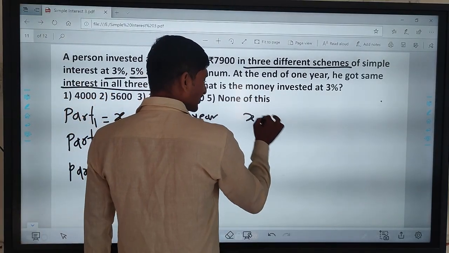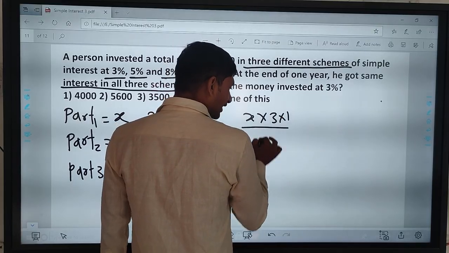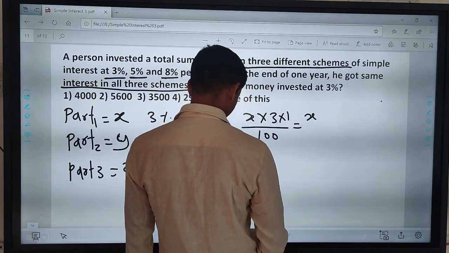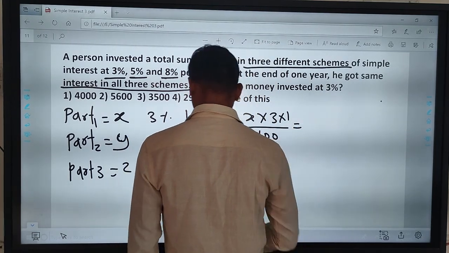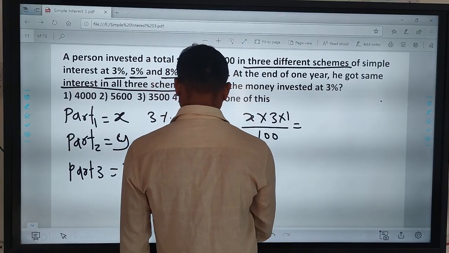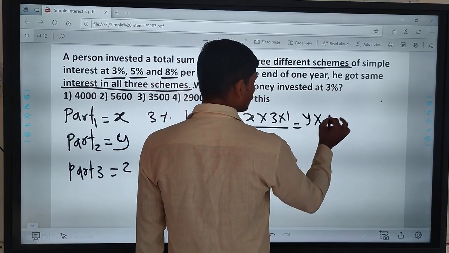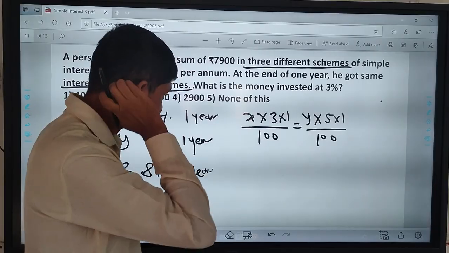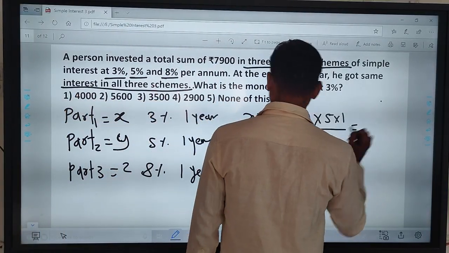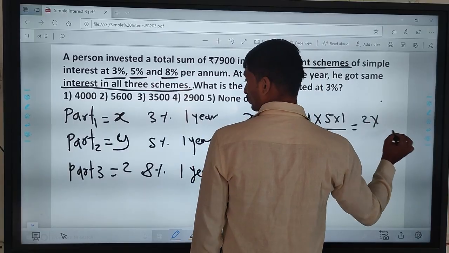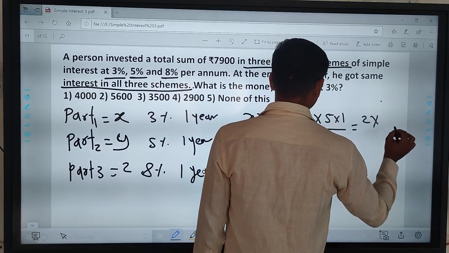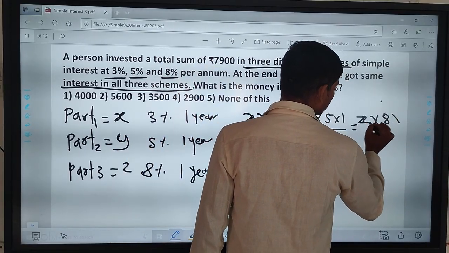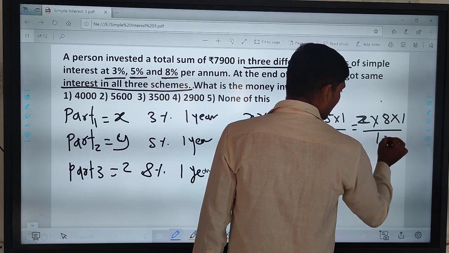Then we write x into 3 into 1 divided by 100 is equal to y into 5 into 1 divided by 100 is equal to z into 8 divided by 100.